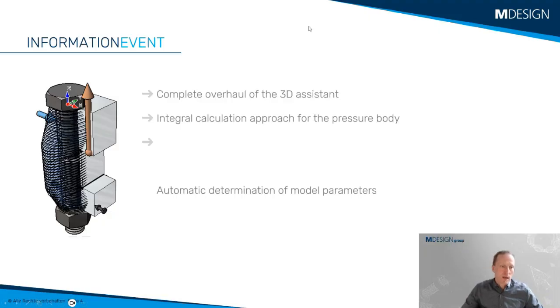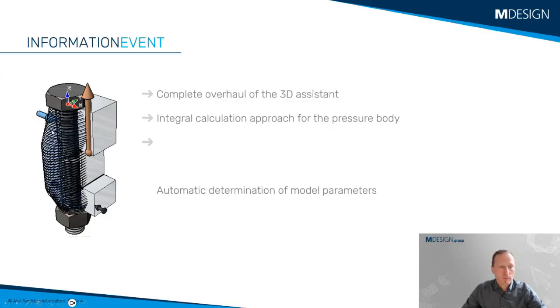That means you give the geometry by the parts, and with this integral approach, you see the pressure cone will be really close to the real pressure cone in practice. So it's really important to make the modeling exactly so that the pressure cone can be created like in the picture here.